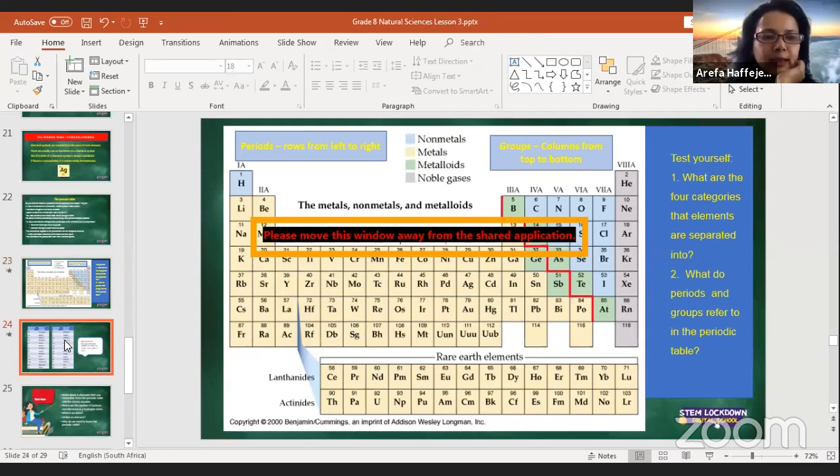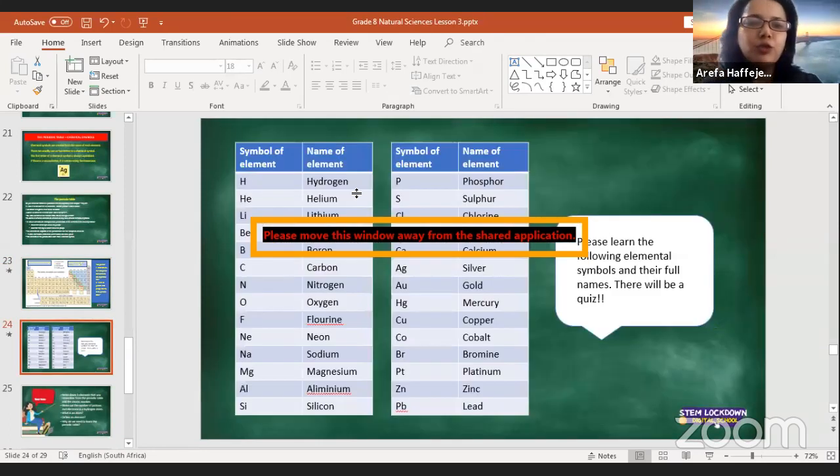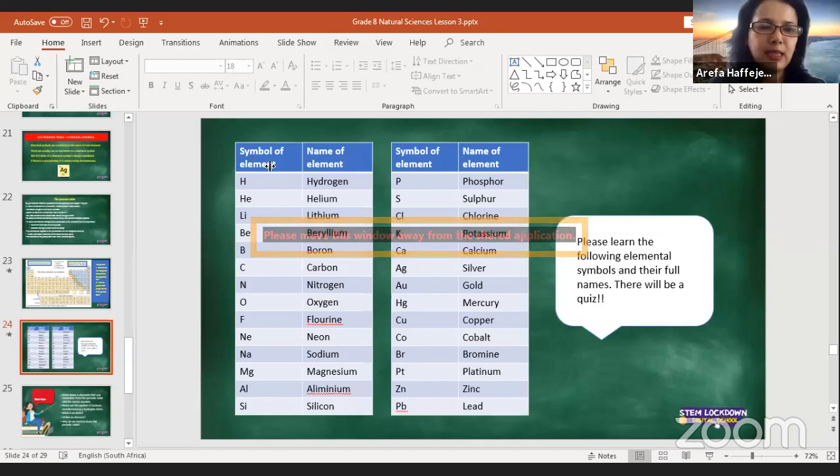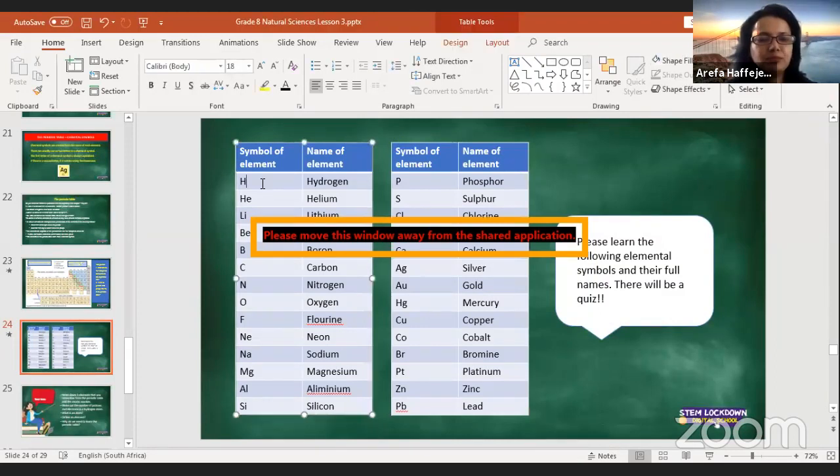Then this slide here, you need to learn this very, very well, especially for exam purposes. This is basically some of the elements in the periodical table and what the elements' names are. In next week's lesson, I'm going to give you a quiz where I will write the symbol and you will write the name of the element.